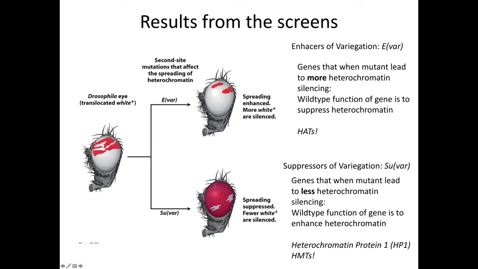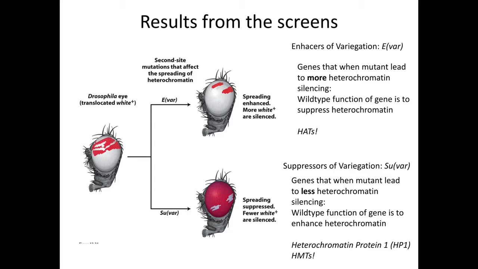One can also find different types of mutations, called suppressors of variegation, in which the silent condition is repressed and most of the cells actually express white. So spreading is suppressed, and fewer white plus genes are silenced. So what's going on here? These flies carry mutations that enhance silencing.